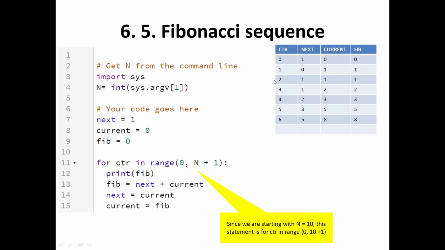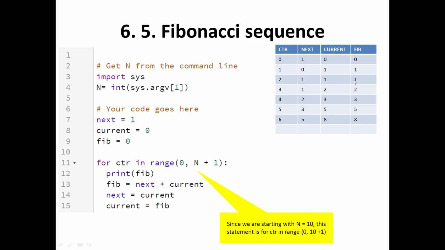On our next iteration, our counter gets incremented to 2. Remember these values here. We're going to print Fibonacci, but then we're going to change its value on our second iteration, and we're going to say Fibonacci equals next plus current. Well, these are the values that are currently in next and current from our previous sequence because we haven't changed them yet.